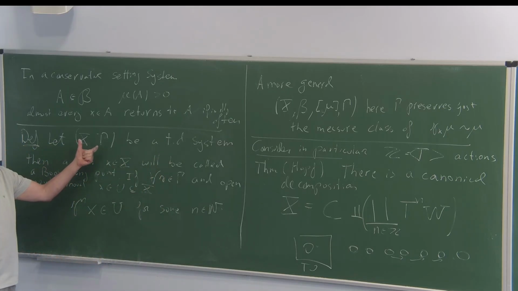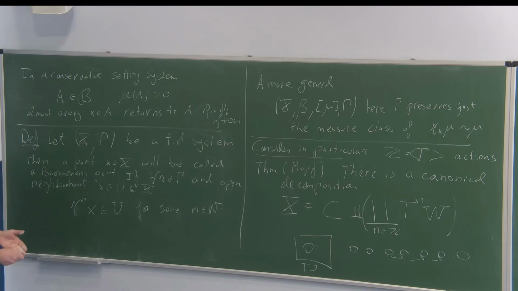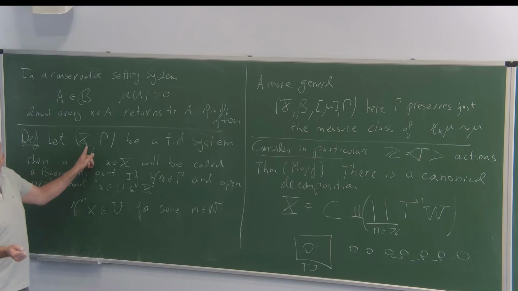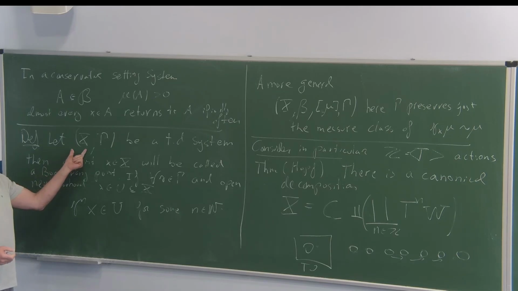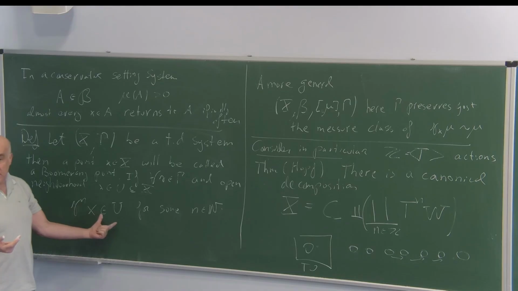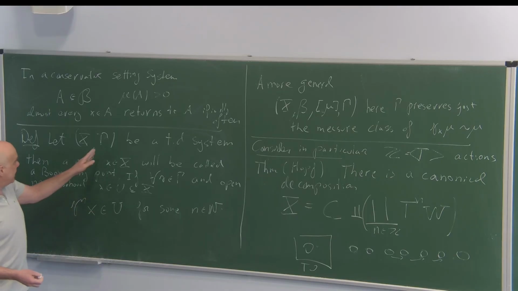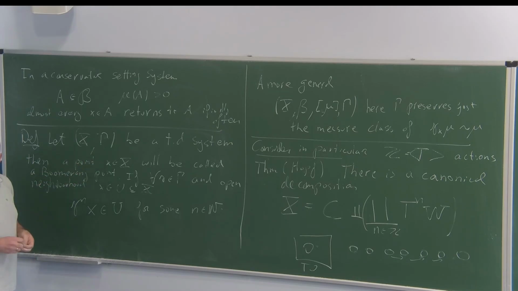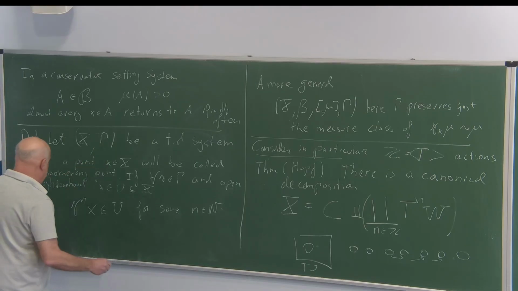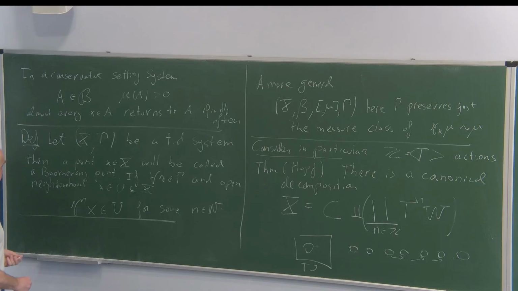Since we're in the topological dynamical setting, we have a canonical collection of sets, just the open sets. It's a metric space, so we have a countable basis for open neighborhoods. In order to satisfy this condition, it's enough to check it for a countable number of open sets. We have a countable number of group elements, and therefore we can canonically define what it means to return arbitrarily close to the point.